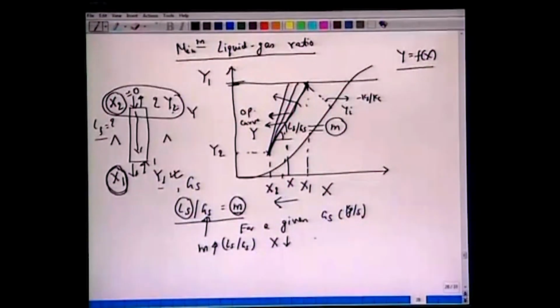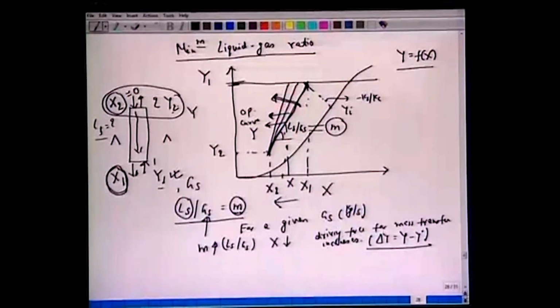And also we note the driving force for mass transfer also increases. Look at the difference between the operating curve and the equilibrium curve as the line moves in this direction. Essentially the driving force delta y, if we call it y minus y star in the bulk phase, from our previous discussion, will increase here.